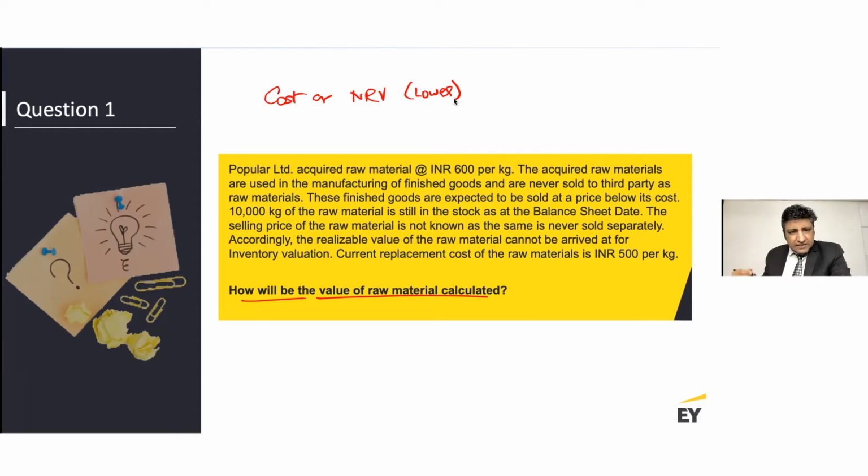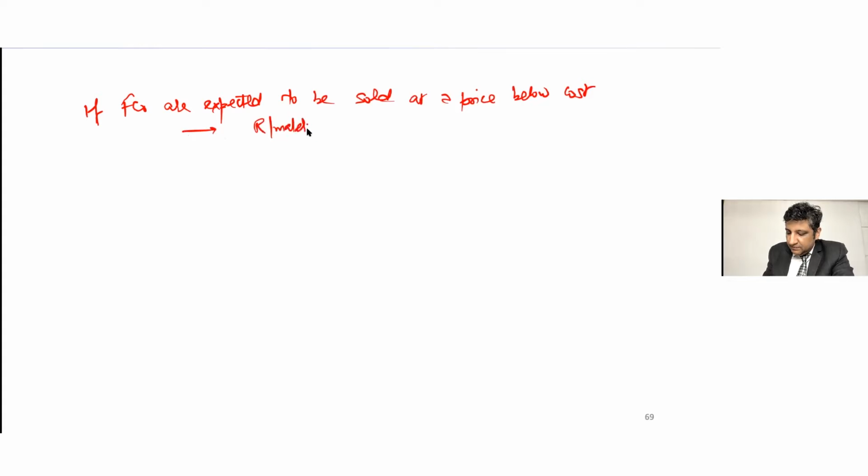And then with respect to the raw materials, there is a specific requirement wherein we say that if the finished goods are expected to be sold at a price below cost, the raw materials need to be measured at NRV.